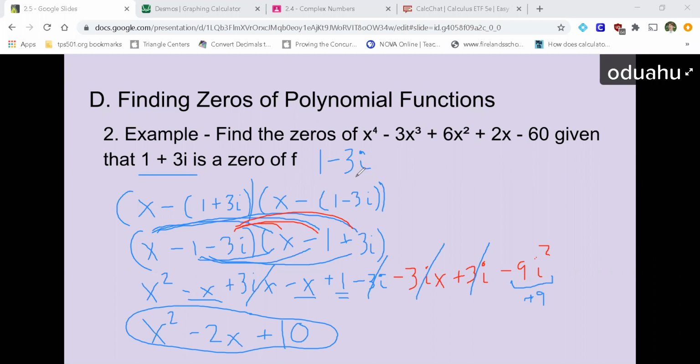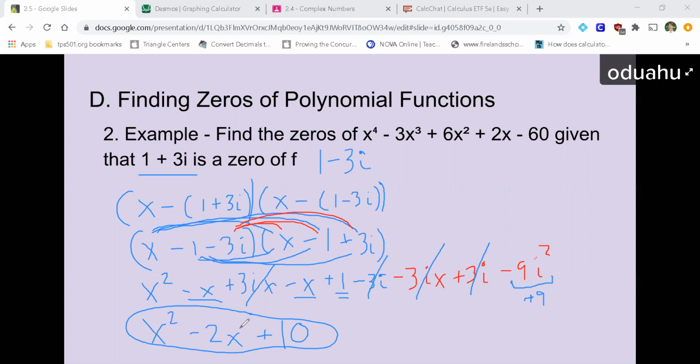And then I can use that factor to divide my polynomial and get the other quadratic, which I can then solve. Note that you would have to use long division since this is not an x plus c form.